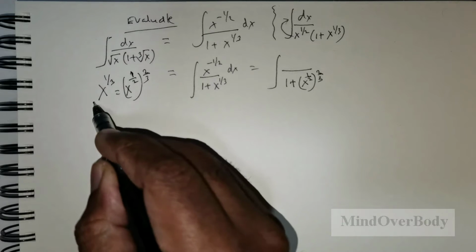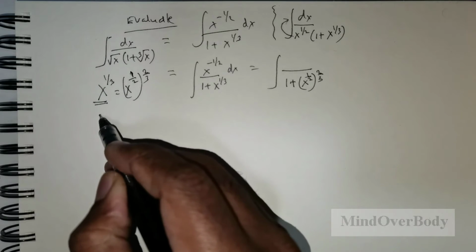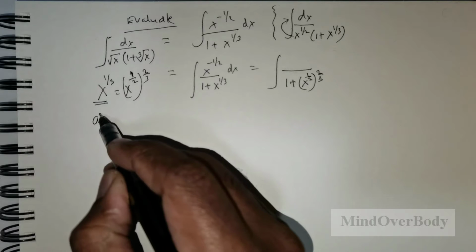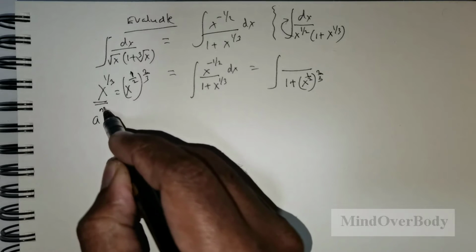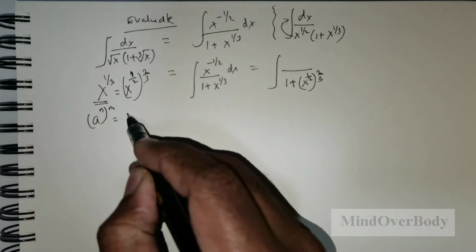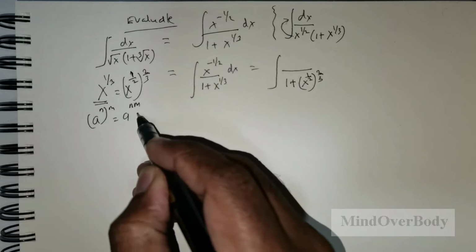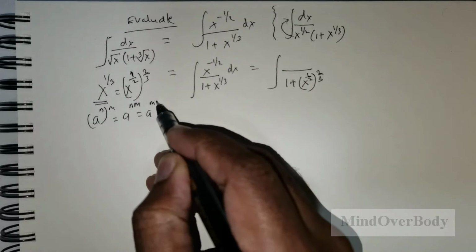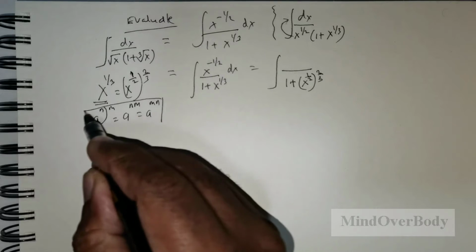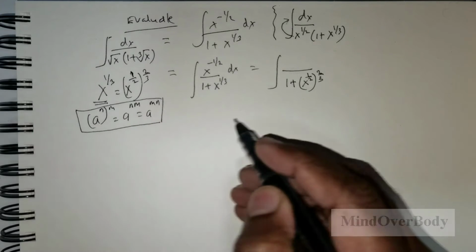Now this is the same as x raised to the power 1/3, because you would have studied in algebra that a raised to the power n, raised to the power m, is a raised to the power n times m, which can also be rewritten as a raised to the power m times n. So some algebra goes here.